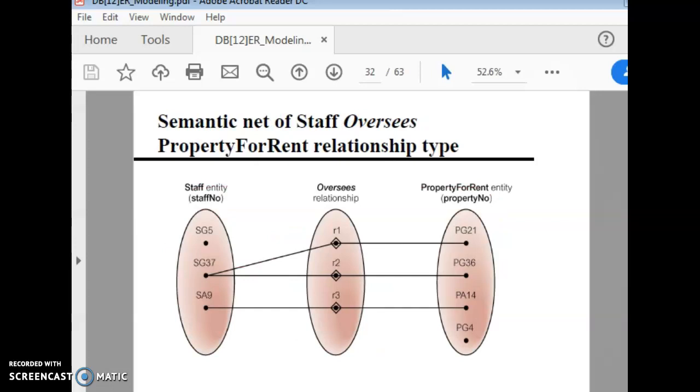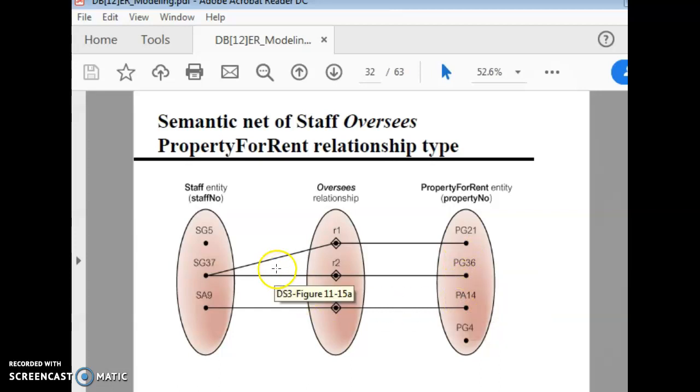Next, coming to one-to-many, consider the relationship type Oversees, which relates the staff and property for rent entity types. This is a semantic net, displaying the Oversees relationship type with 3 relationship occurrences R1, R2, R3, the staff entity type with 3 entity occurrences SG5, SG37, SA9, and the property for rent entity type with 4 entity occurrences PG21, PG36, PA14, PG4.